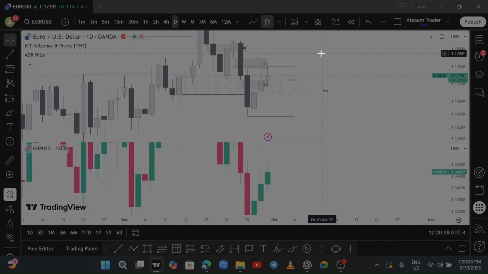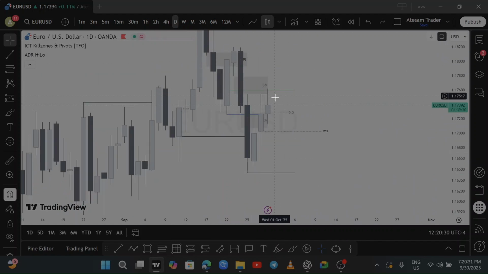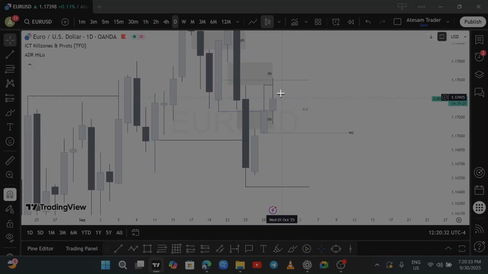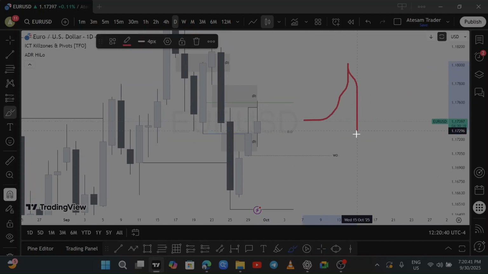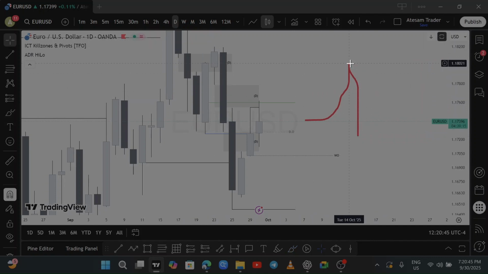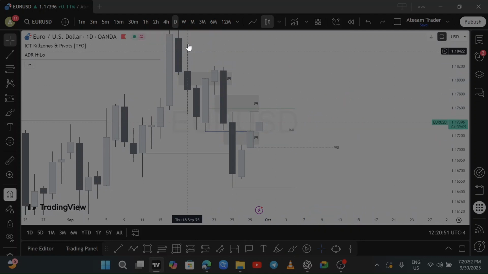So we have SMT with GU, and I was looking to see that this is not the expansion candle, this is reversal. I was expecting a reversal candle, that means what? Open, long wick to the downside. This is reversal. Okay, so in my mind, I was expecting this daily should close bearish and form a reversal candle.